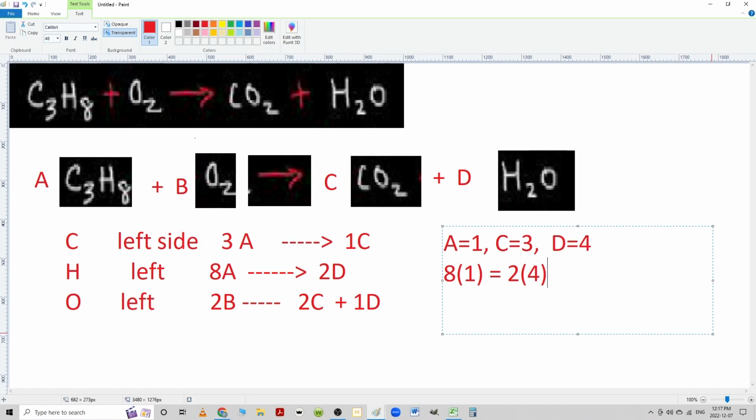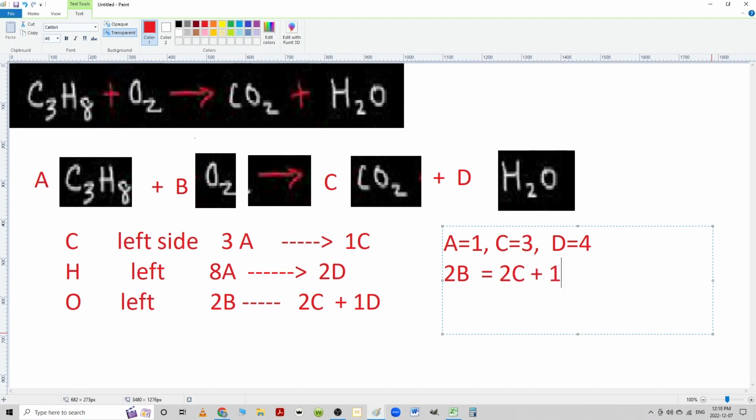In other words, how do I make the left number equal to the right number by replacing this with a number? The only way it works is if D is 4. Then finally, we have the last one. We have 2B, and that's the one we don't know, but we know it's equal to 2C plus 1D.